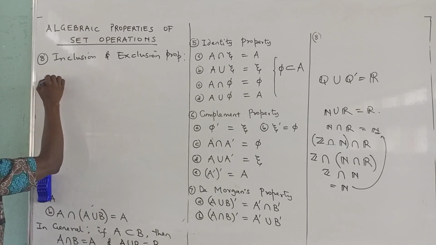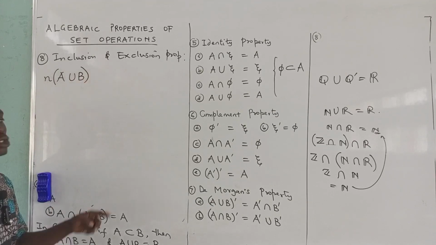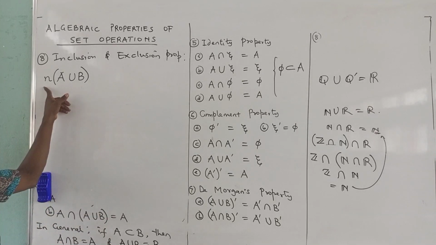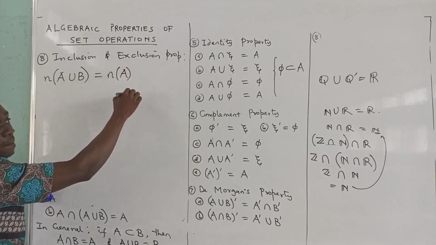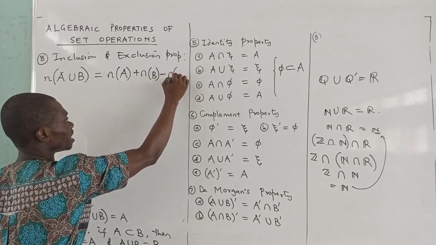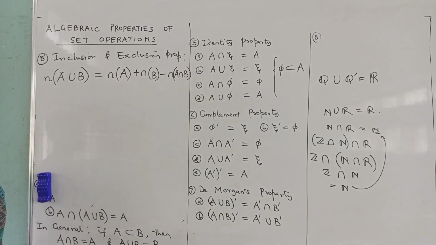If I have A and B and I'm taking their union, how do I get its cardinality? We are saying here that it is possible to get it from the cardinality of A plus the cardinality of B minus the cardinality of A intersection B. So this is called the inclusion and exclusion property. And you can see that from your Venn diagram.